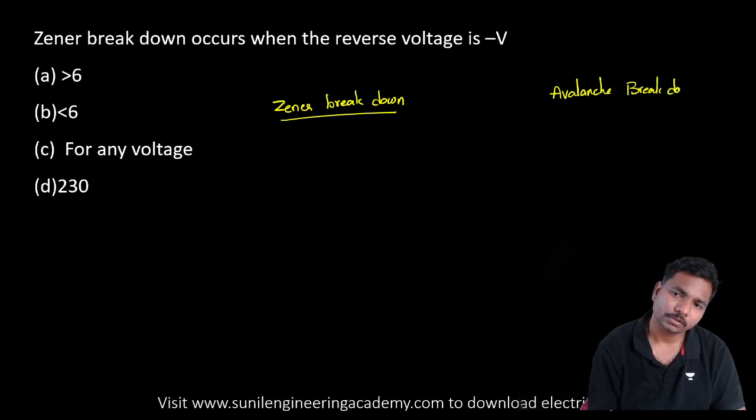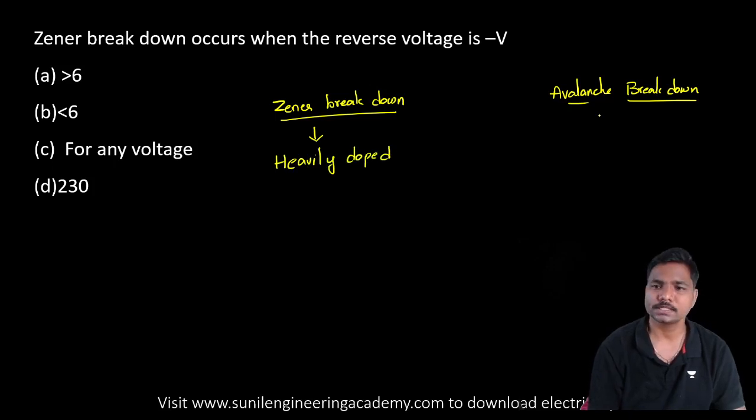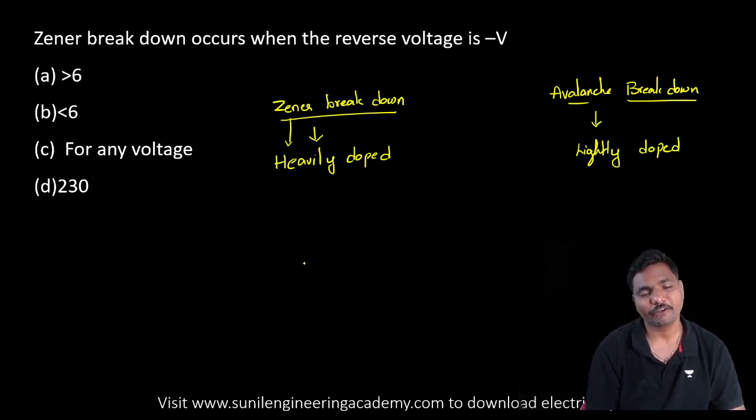Zener breakdown generally happens in case of heavily doped regions. Avalanche breakdown happens in case of lightly doped. Very important points. Simply you can remember Zener diode is the heavily doped diode. So Zener breakdown occurs in case of heavily doped. Avalanche breakdown is the opposite, lightly doped.